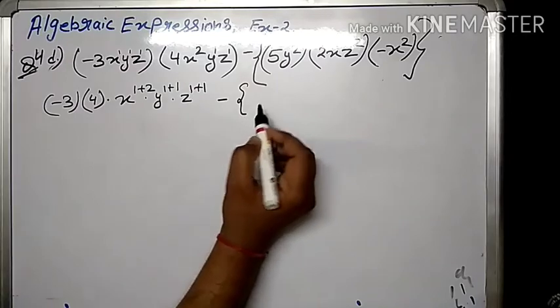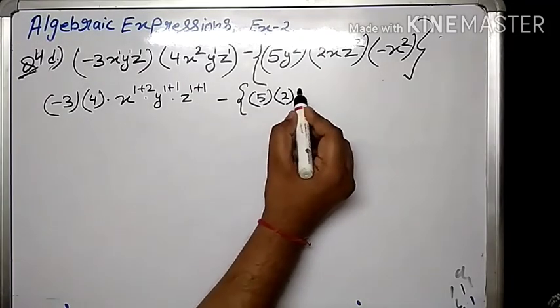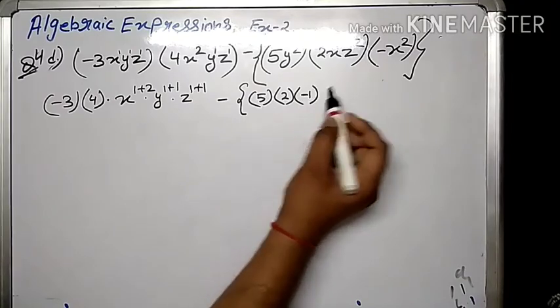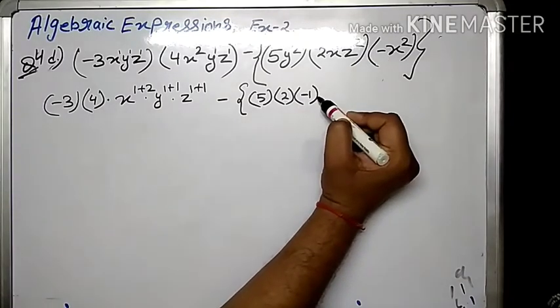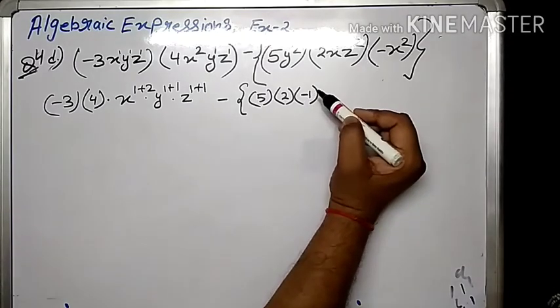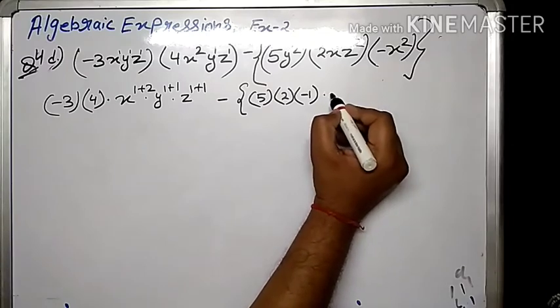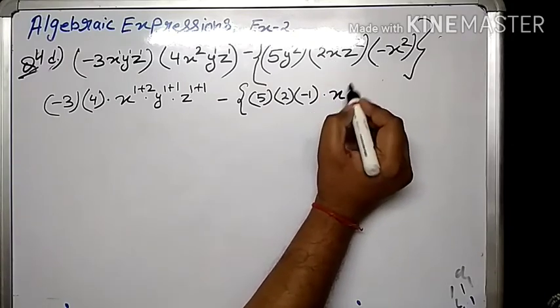Here also, what I will write is 5, bracket 2 and bracket 1. If there is no number over here, we take it as 1, and I have taken minus with the constant term. Clear to all? Now after that, y. First I will take x, so x to the power 1.